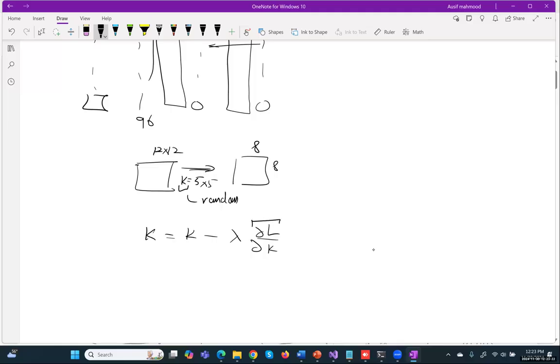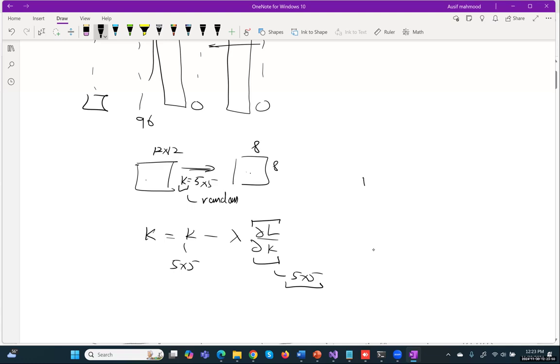Okay. And because this is 5 by 5, so this answer has to be 5 by 5. Okay. But we have 8 by 8 on one side, 12 by 12 on one side. So how can we get 5 by 5 answer out of these two? Okay. And here's the interesting part.